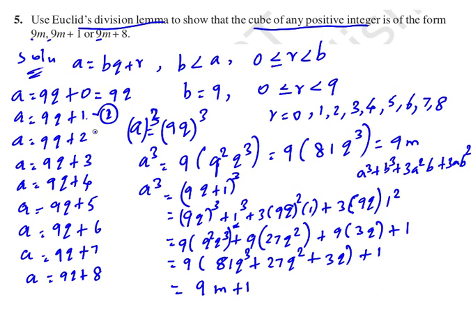Next, we have to take the other cases, 9q plus 2, 9q plus 3, 9q plus 4, 9q plus 5, 9q plus 6, 9q plus 7, 9q plus 8 also. We have to prove they are in the form of 9m, 9m plus 1 or 9m plus 8 if we cube on both the sides.